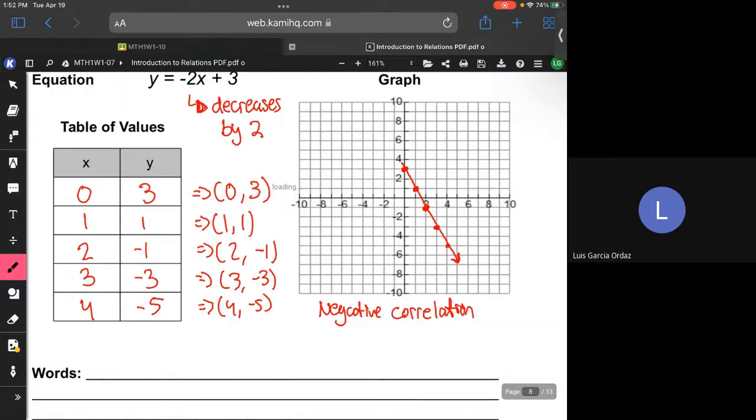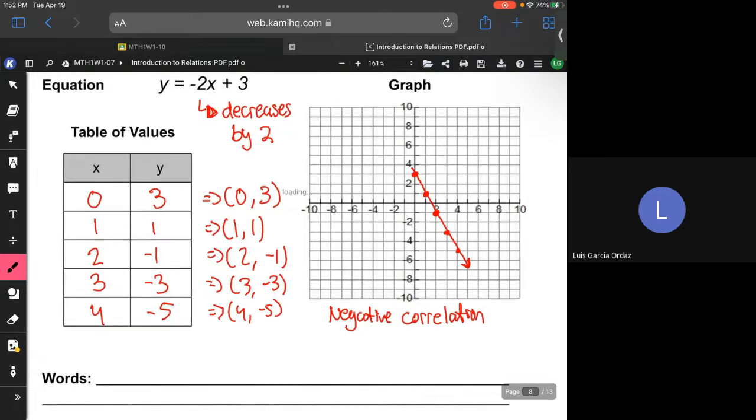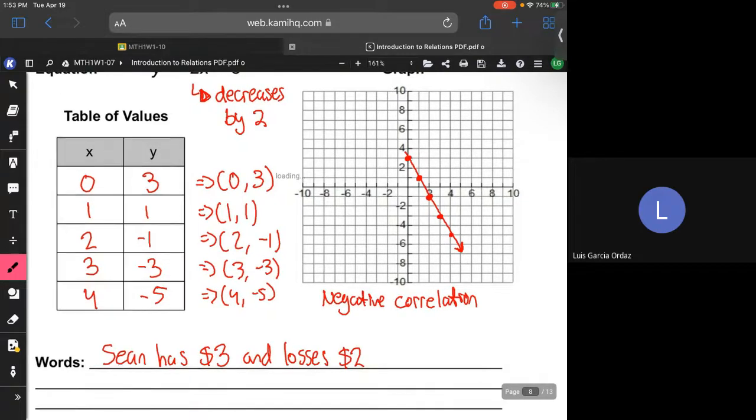Let's say Sean has $3 and loses $2 every day. Why? Because I said so. He starts with 3, loses $2 every day, so he basically owes money to the bank after like the second day.